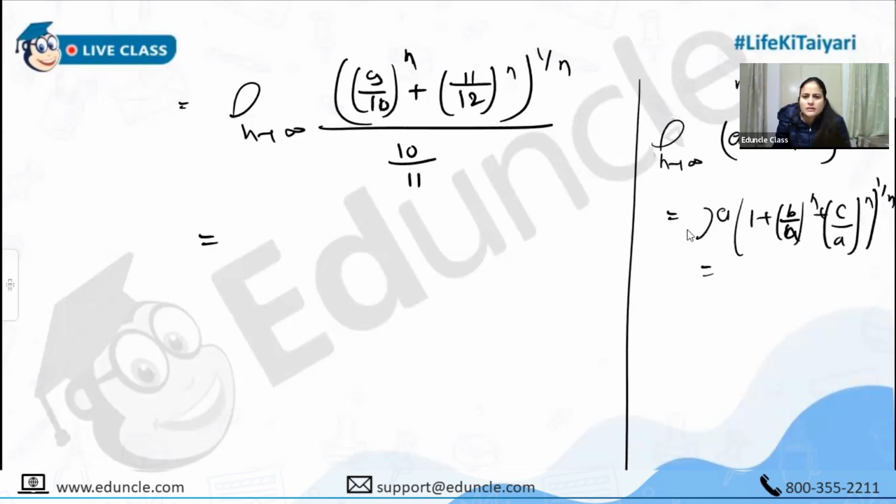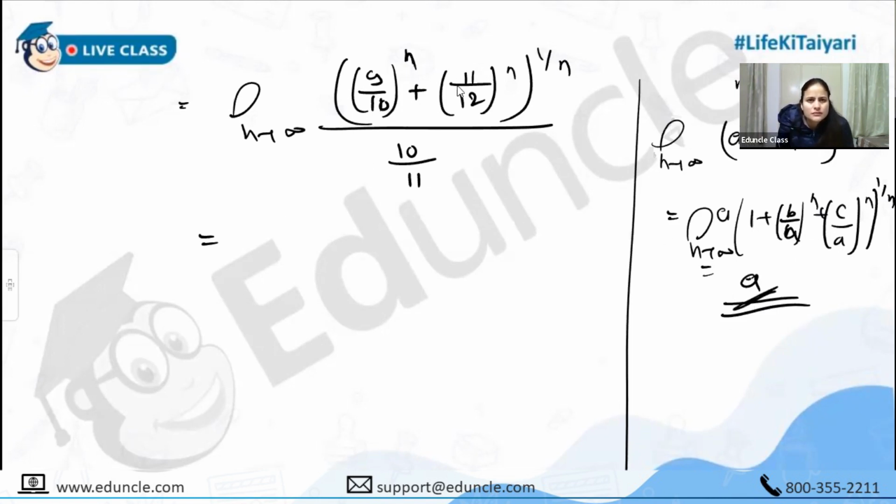What will you get? 1 plus (b/a)^n plus (c/a)^n, to the power 1 by n. Limit n tending to infinity: because a is the maximum among them, these numbers will be less than 1, so as n tends to infinity they go to 0, and 1 to the power 0 will give you 1. So the maximum value comes out. The common term we take outside should be the maximum. This is a simple formula.